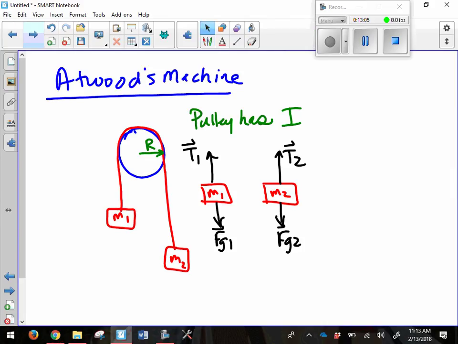And then I have my pulley with some rotational inertia I. And what do I draw on the pulley? This is a free body diagram. What do I draw in free body diagrams? Forces. So what forces are acting on the pulley?